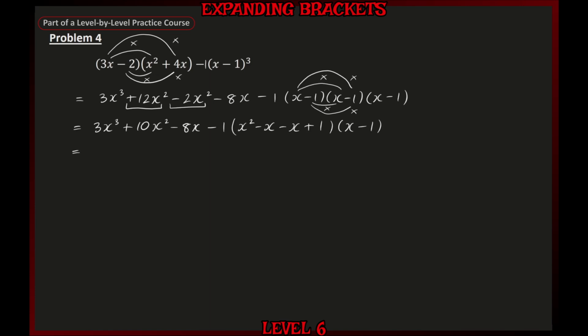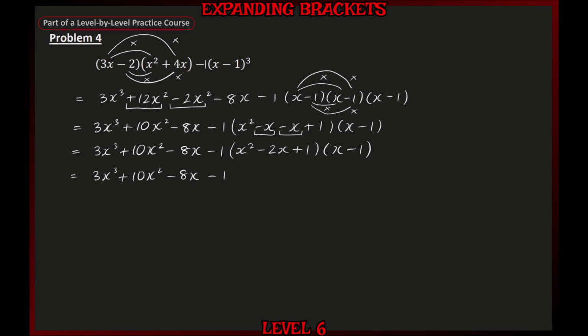We now want to simplify the first of the two brackets at the end. So we have 3x cubed plus 10x squared minus 8x. We still have this minus 1 outside the bracket that we need to leave there for now. And inside that bracket, we can collect together the minus x and the minus x. So we have x squared minus 2x plus 1 multiplied by x minus 1. Continuing, we have 3x cubed plus 10x squared minus 8x minus 1 times, and we can now expand those two brackets.